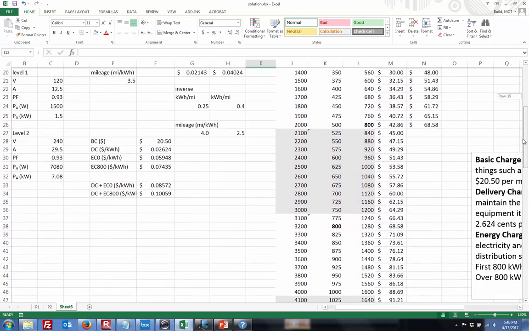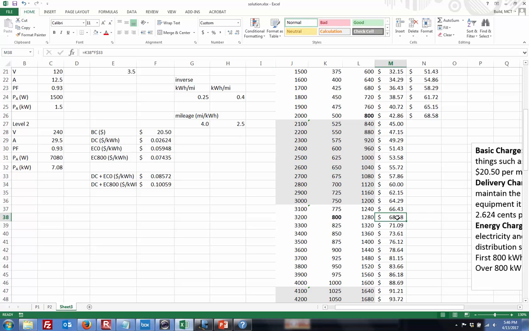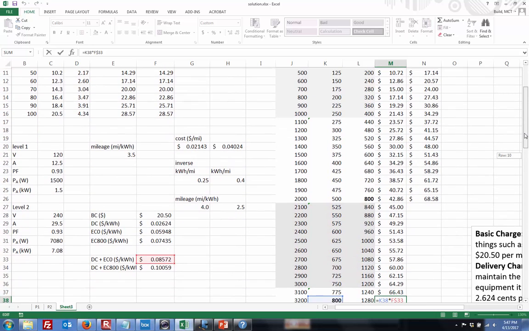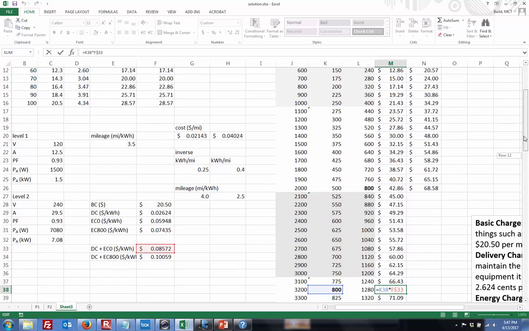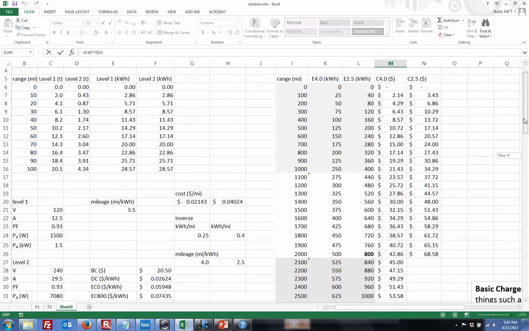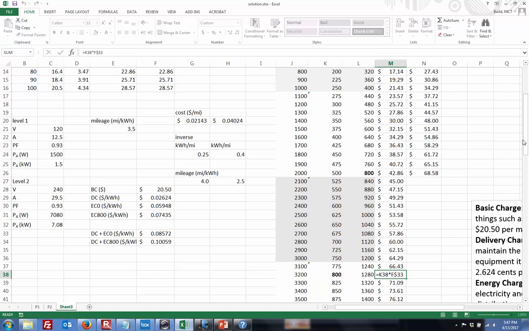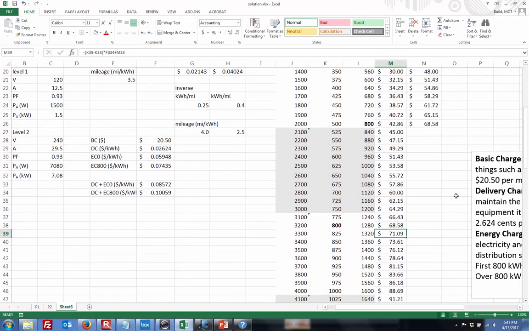So at this point, I'm still at 800 and life is still simple. For both of them, the 800 happens at 3,200 miles for the 4.0. And now when I pass that 800, what I'm doing is subtracting 800 from 825.